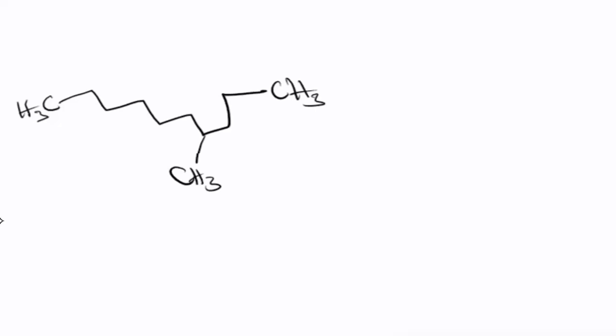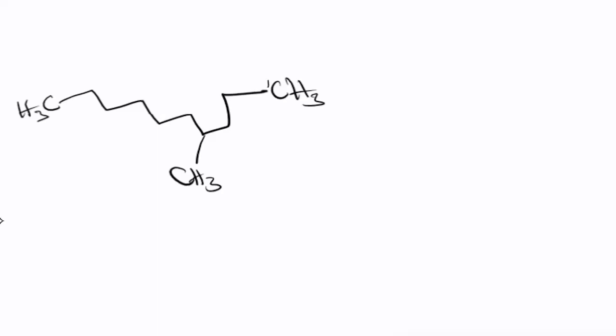So basically, if I start from here and say 1, 2, 3, 4, 5, 6, 7, 8, I'll simply have 8 carbons. But what if I go back and count from here?